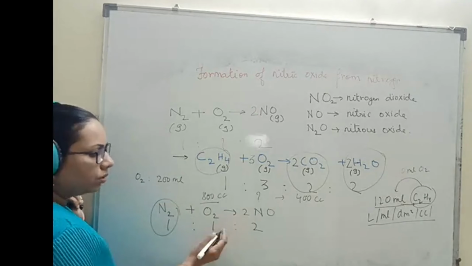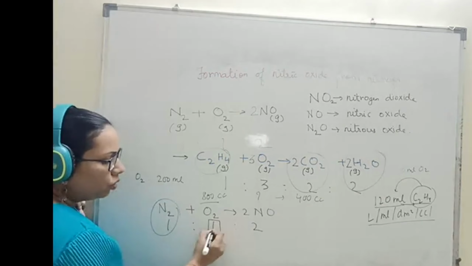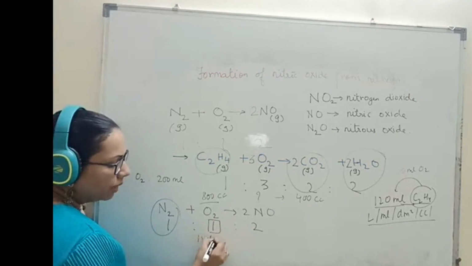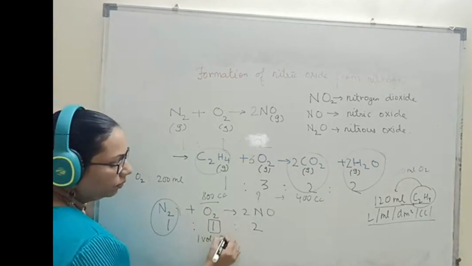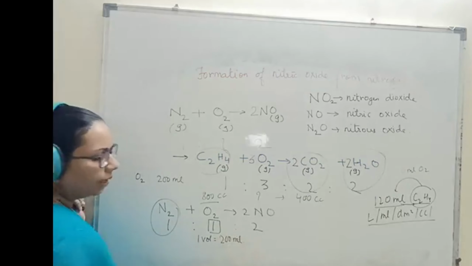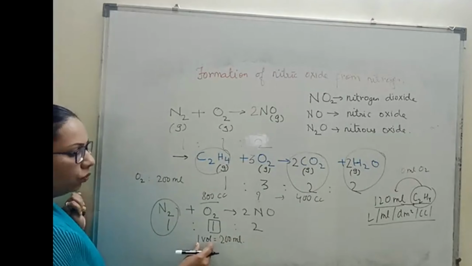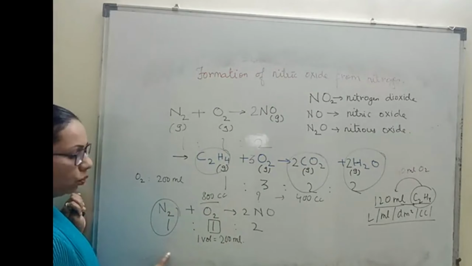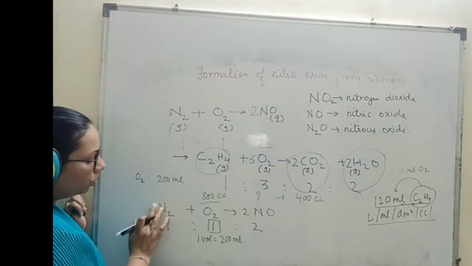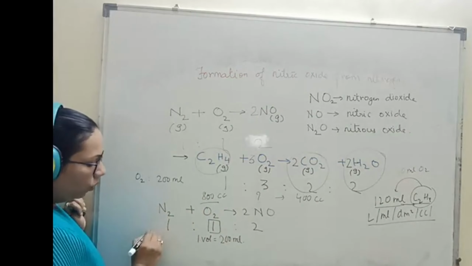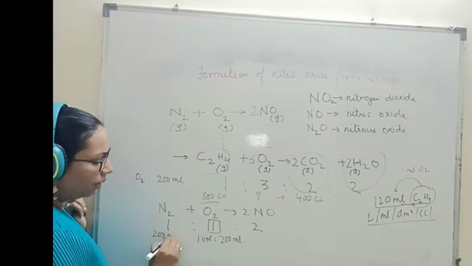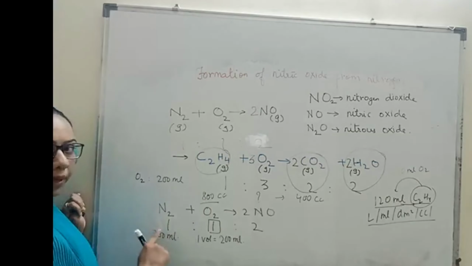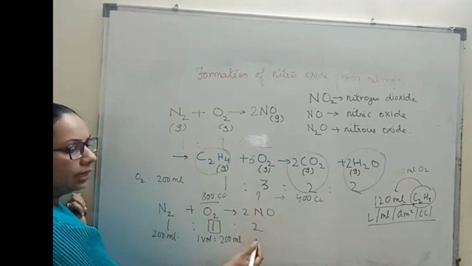Now how you want to think is this: 1 volume is representing 200 ml in your sample. So wherever you find the number 1, that is representing 200. That means nitrogen over here is 1. So how much volume of nitrogen was used in the reaction? 200 ml. But how much is NO, that is nitric oxide?